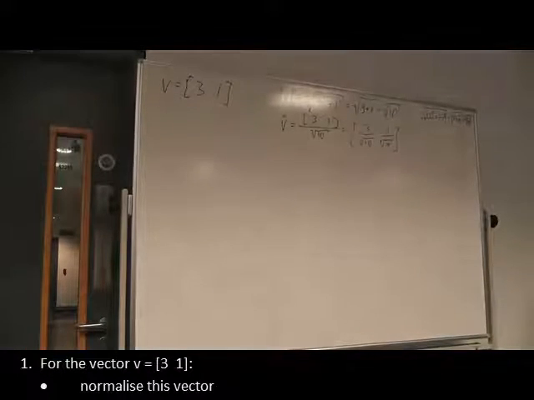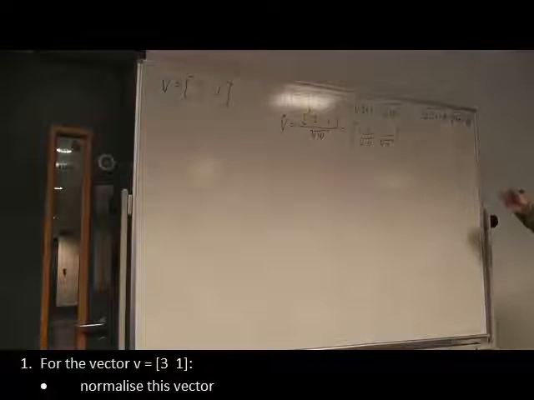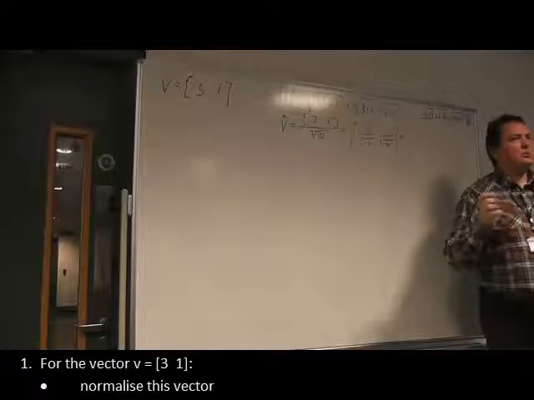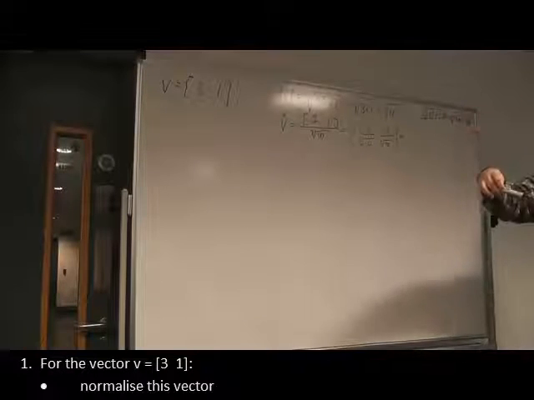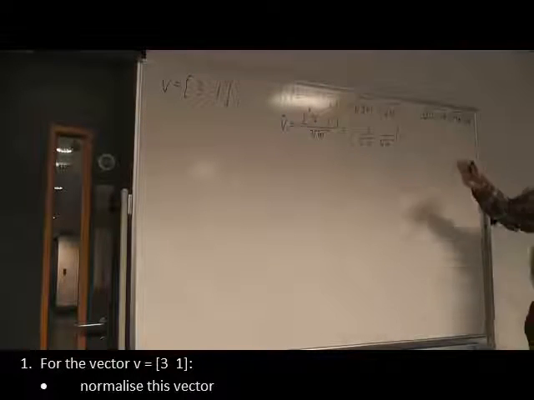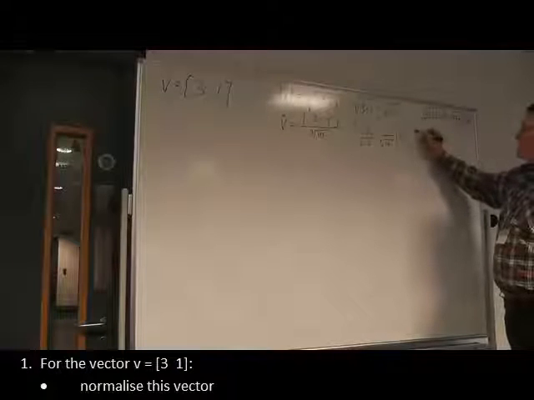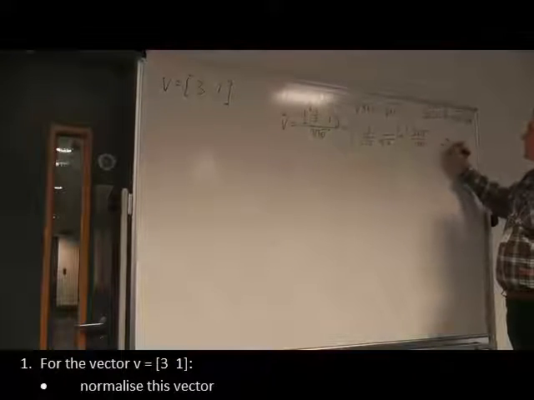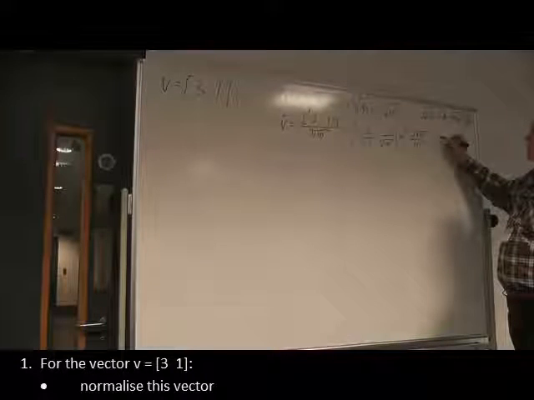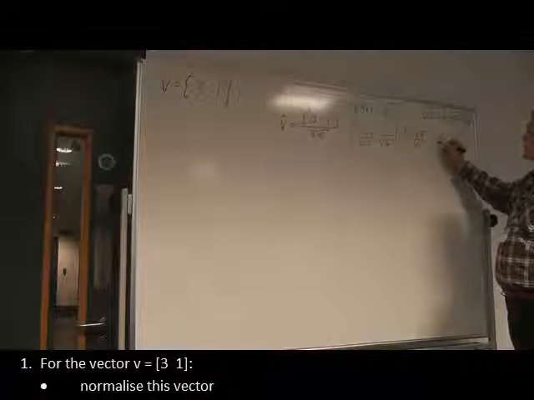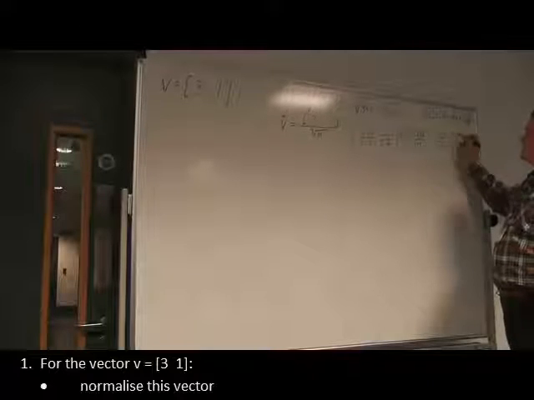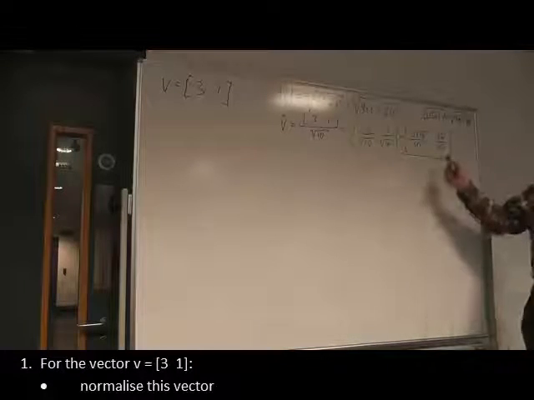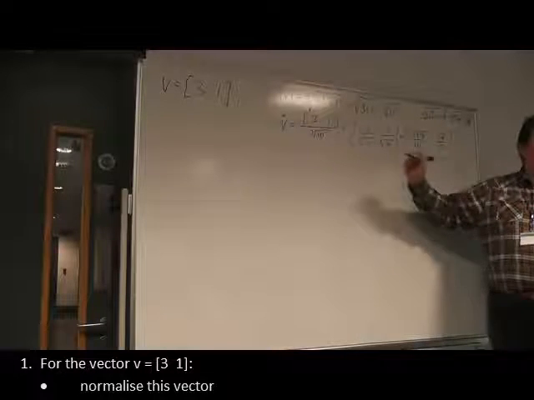You can continue this calculation to make it look better and multiply both numerator and denominator by square root of 10. And in this case we will get 3 roots of 10 over 10 and 1 root of 10 over 10. It looks a little bit nicer, but as I told you, if you leave it in this form, it's perfectly fine.